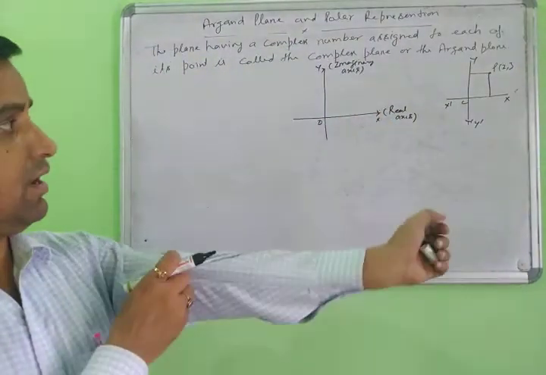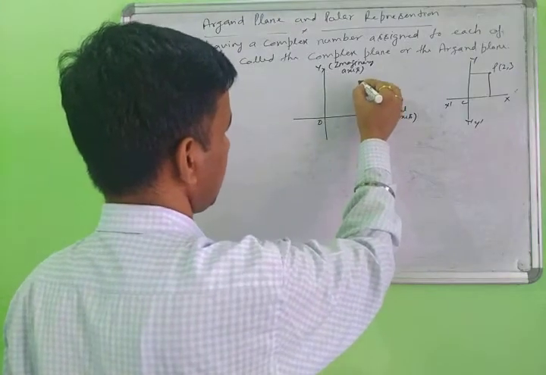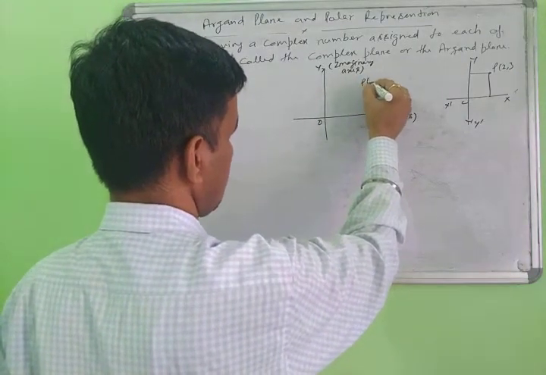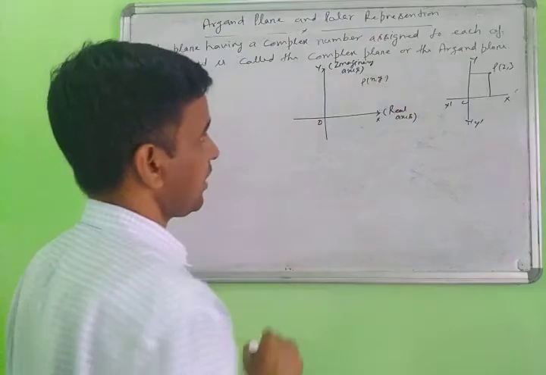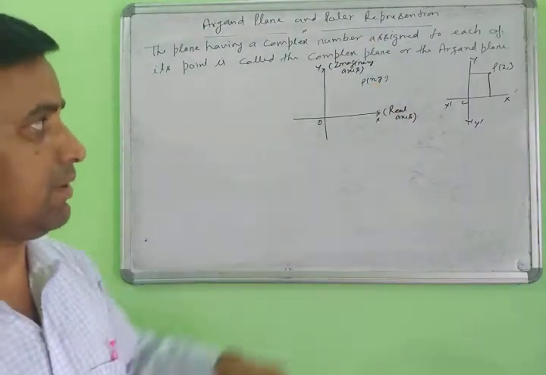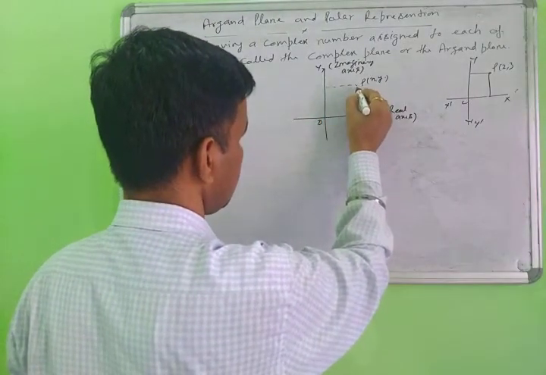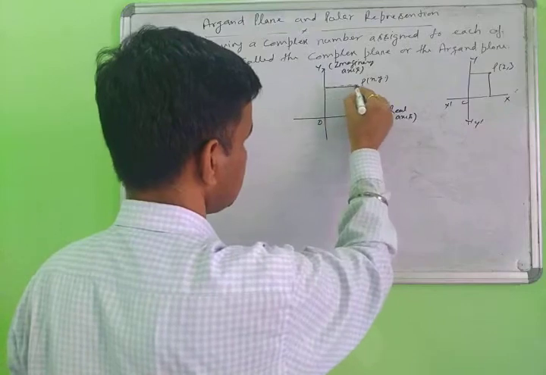A very simple way. But suppose you represent any point P here, any x, y point. Here x is the real number and y is the imaginary number. So how do you represent this? You represent it with the same pattern, but what is different here?